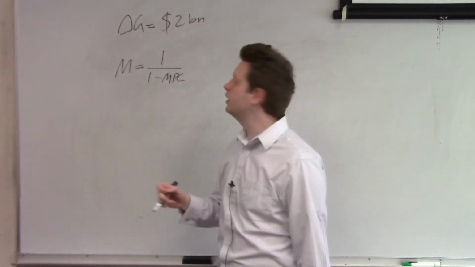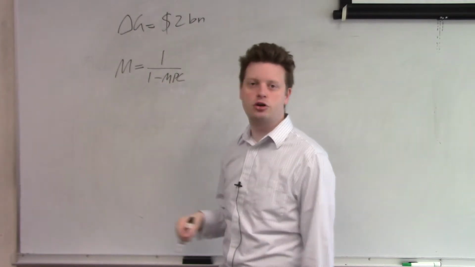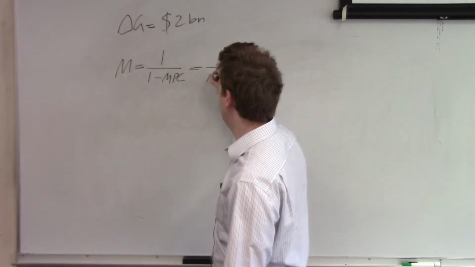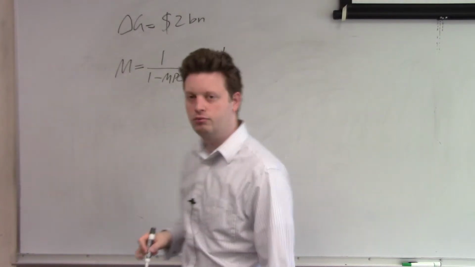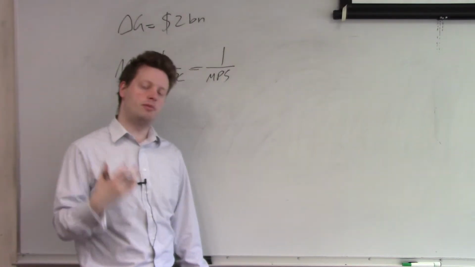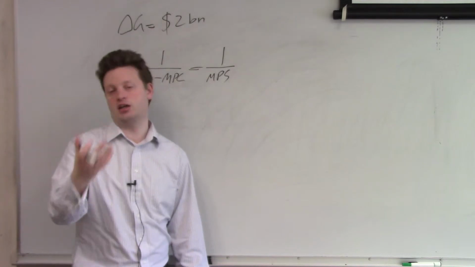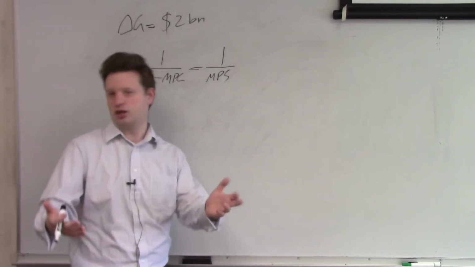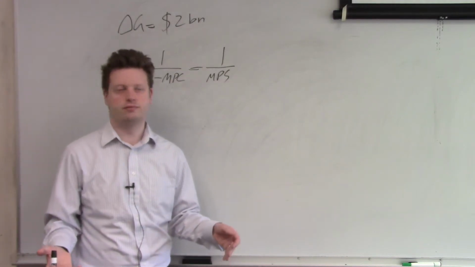One additional point, 1 over 1 minus the marginal propensity to consume must be equal to 1 over MPS, where MPS is the marginal propensity to save. If I give you $1, you spend 80 cents, then you save whatever the remainder was, 20 cents.